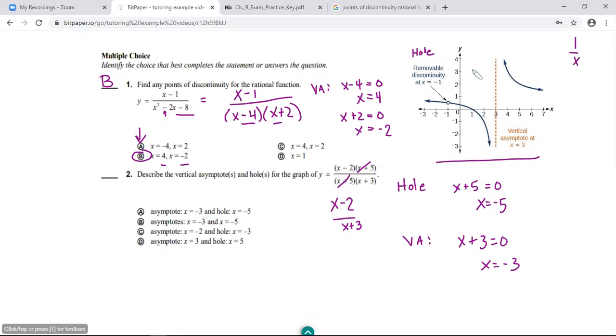We are looking for an asymptote at negative 3 and a hole at negative 5. And again, another distractor answer. They have asymptotes at negative 3 and negative 5. If you chose that, that would be the wrong answer, because only one of them is an asymptote, the other one is a hole. So A is the correct answer.